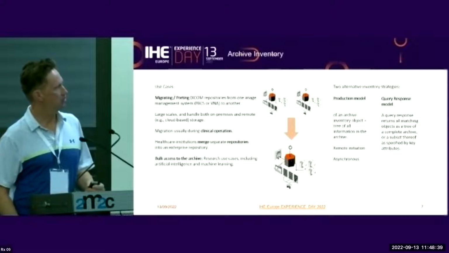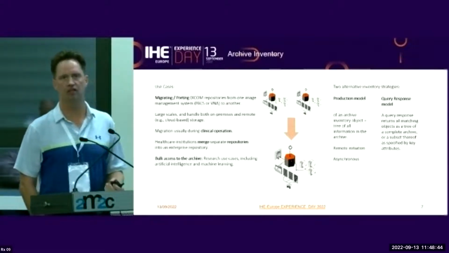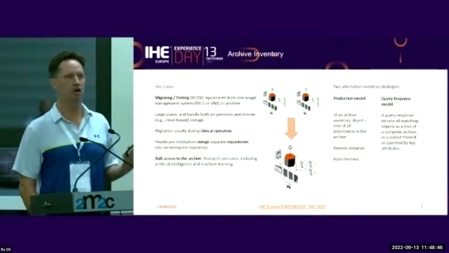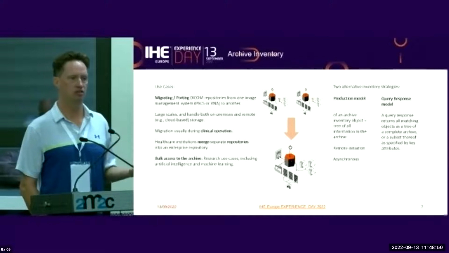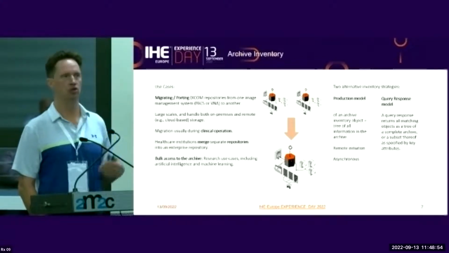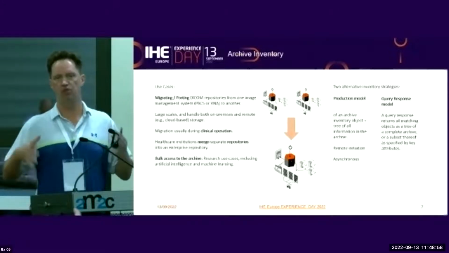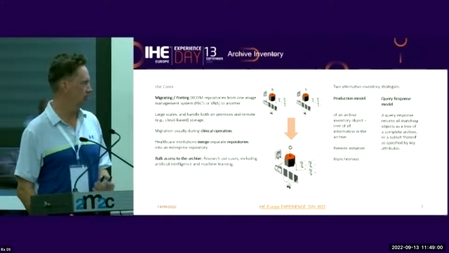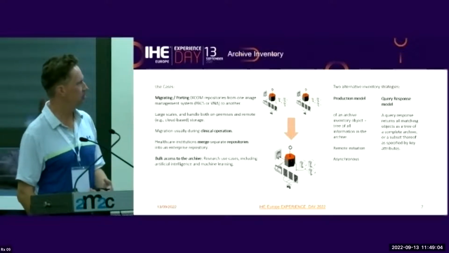The next one is a big endeavor of how to archive an archive. So if you have a PACS system or a vendor-neutral archive, and you need to port that into a new system, or you want to merge different archives into a big repository in the hospital, then this new extension to the DICOM standard is very useful.